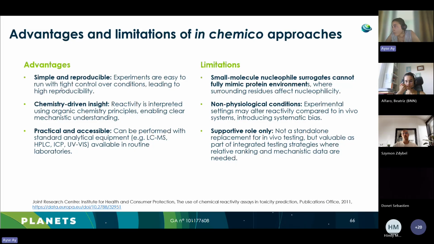And they have a supportive role only, and they are not replacing any in vivo testing, but these are early stage tests, and they can be integrated into testing strategies where ranking data is needed.